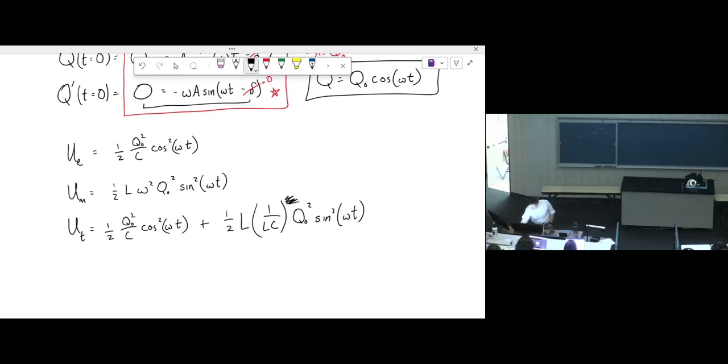Or let's propagate that into the system. So that's L squared C squared in the denominator.